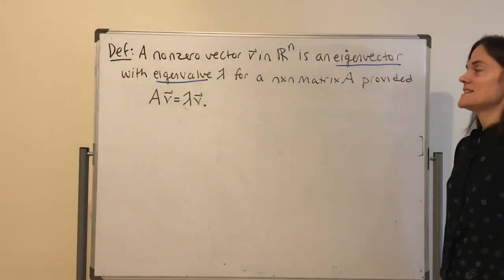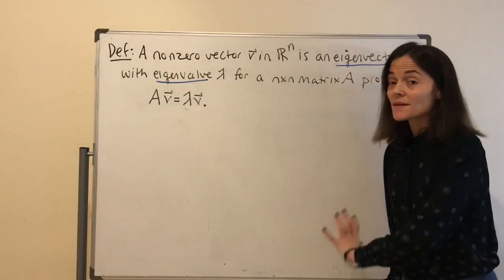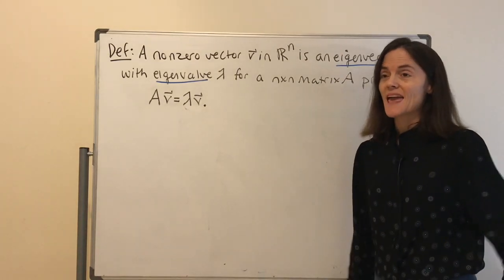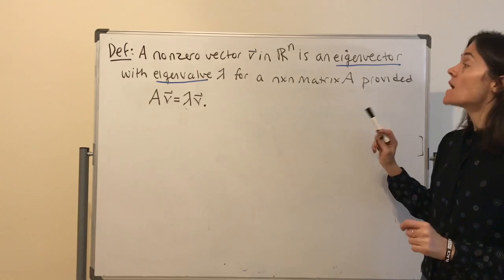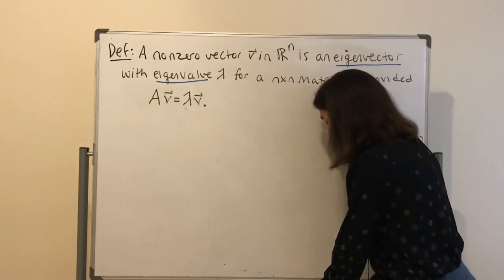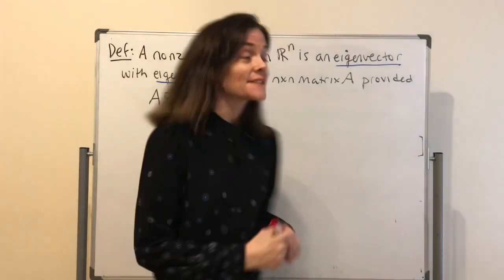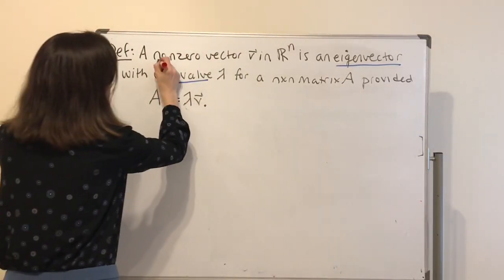Here is the definition of what I just had down here, which came from wanting to diagonalize a matrix. It says a non-zero vector, and this is important, eigenvectors must absolutely be non-zero.